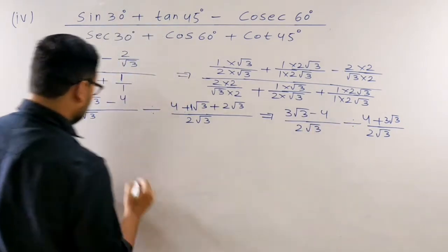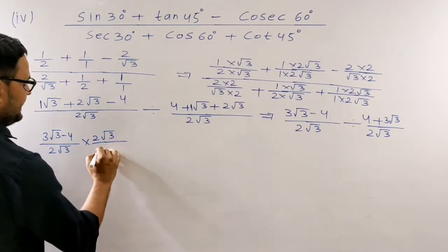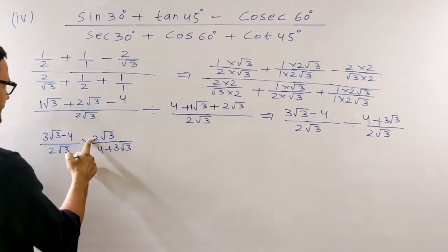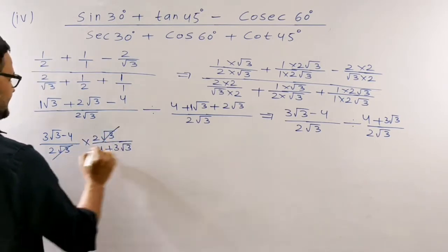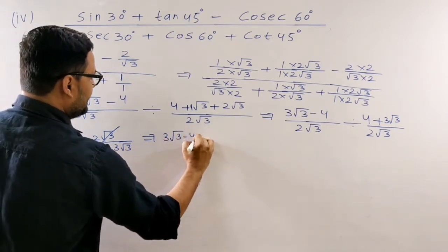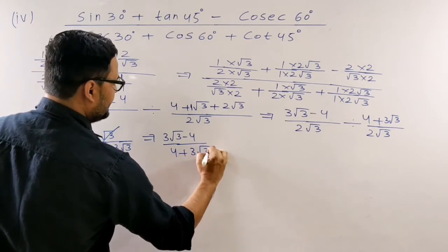This divide becomes multiplication, 2 root 3 and divide 4 plus 3 root 3. Now 2 root 3 got cancelled. So we got 3 root 3 minus 4 and divide 4 plus 3 root 3.